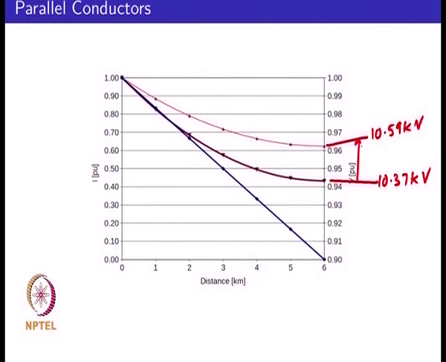So, your voltage drop reduction is about 210 volts, if this corresponds to 11 kV. Okay. So, there is a reduction in voltage drop, but it is not as much as just taking the entire RL prime and taking half of that. Okay.